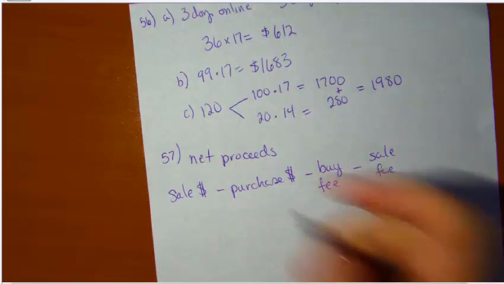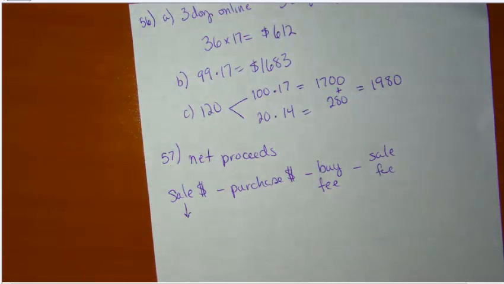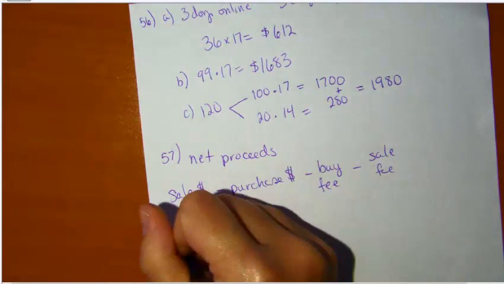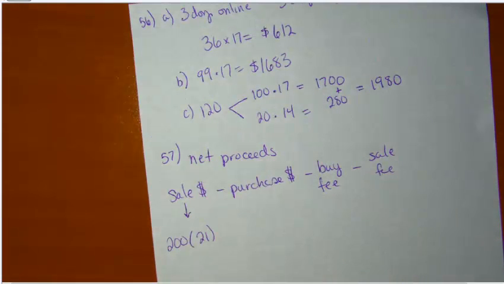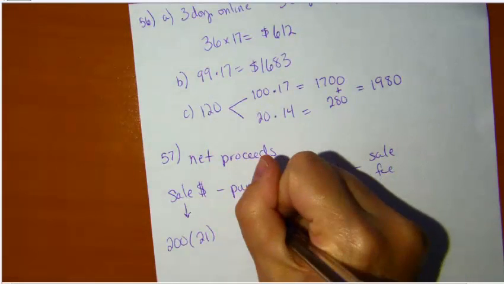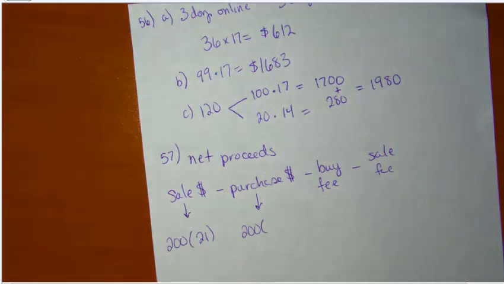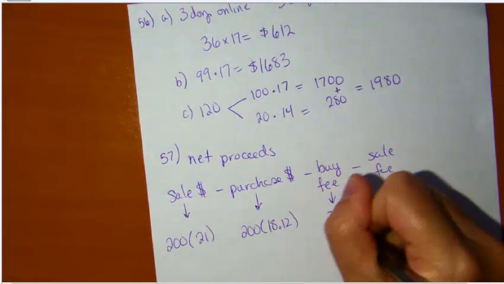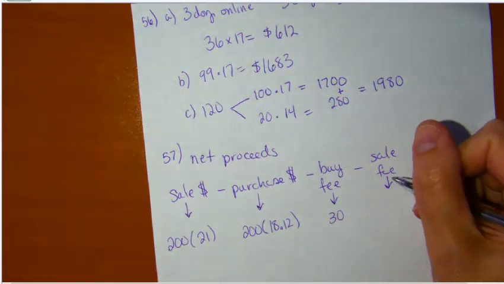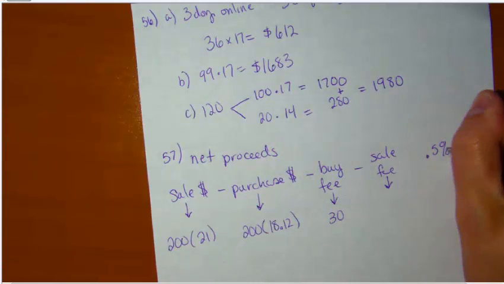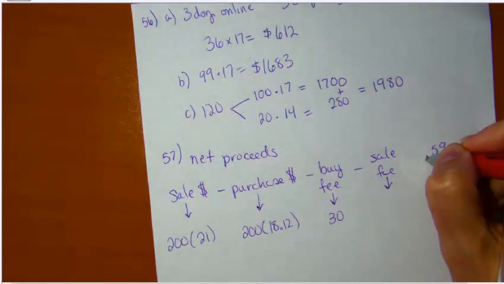Our sale price is 200 times $21 each. He sold his 200 shares at $21 a share. And his purchase price is 200 shares that he bought when they were $18.12. When he bought them, he paid a flat fee of $30. When he sold them, he paid a 0.5% commission. I have to turn that into a decimal first, so I move 2 places this way.